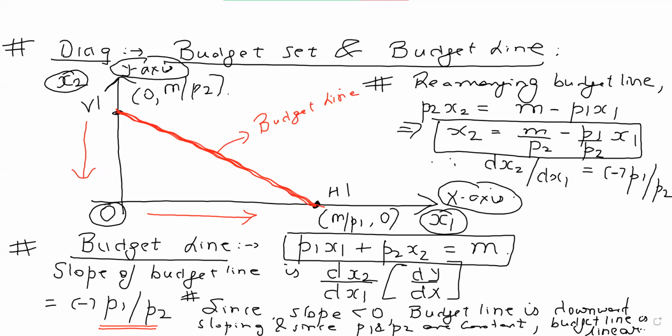And remember from my lectures on mathematical methods for economics, whenever the slope is constant, the function is a linear function. So it's a downward sloping linear line. The equation of this is P1x1 plus P2x2 exactly equal to m. This is the equation of the budget line.